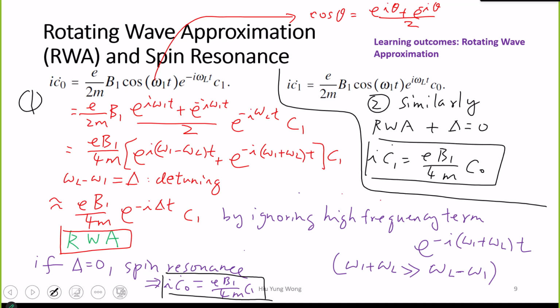This is another equation. So we did not do much. We only simplified these two equations, but there is lots of physics in this simplification process: rotating wave approximation and spin resonance. Okay? Any questions?